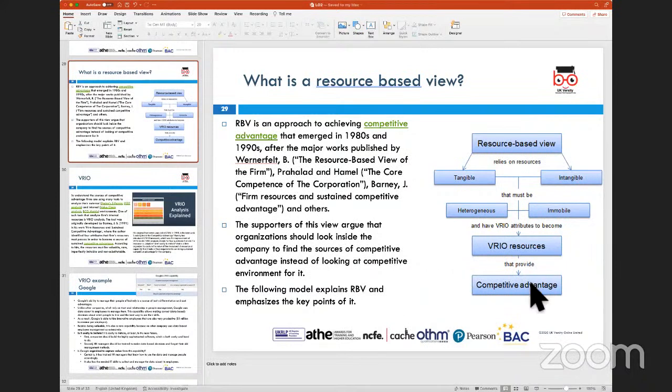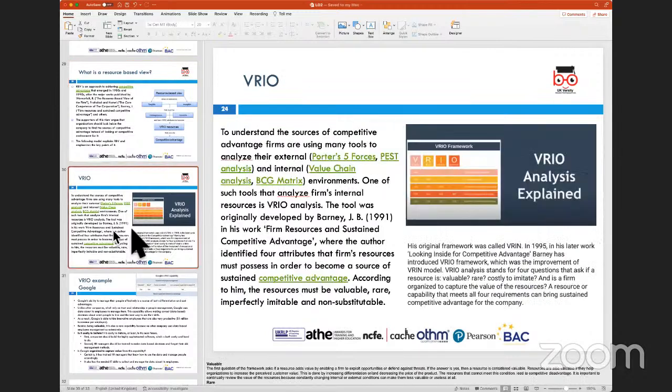Now, this approach gives rise to what is called VRIO. VRIO is a framework proposed by Prahalad, Hamel, and the third person who worked on this particular strategy, Barney. VRIO stands for valuable, rare, costly to imitate, and organized to capture value.